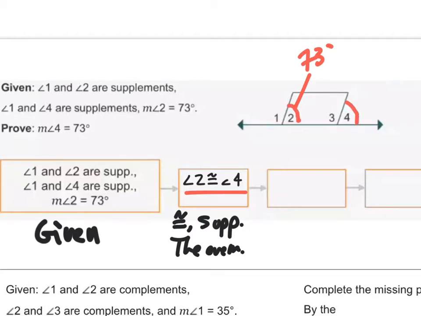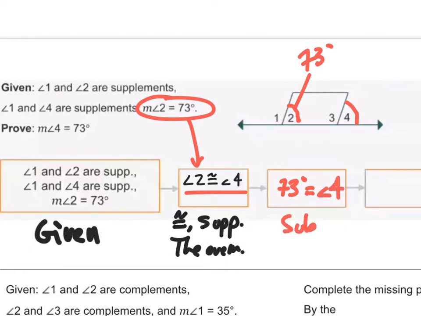Therefore, because the measure of angle 2 is 73 degrees, I'm going to substitute that in down here, and say that 73 degrees is equal to the measure of angle 4. And that's just substitution.